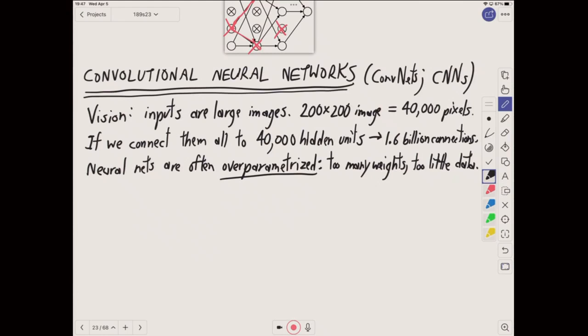The old school rule of thumb was that if you have way too many weights, then you want way too much data to train those many, many weights.